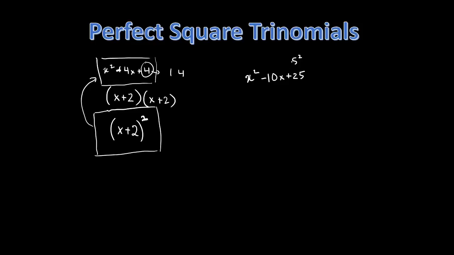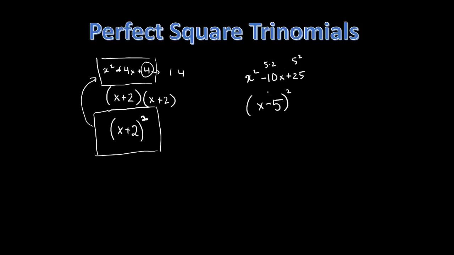Well, if I multiply this 5 by 2, am I getting a 10? You do. It's a negative 10, so it's 2 negative 5s. You should be automatically seeing (x minus 5) all squared in your head.